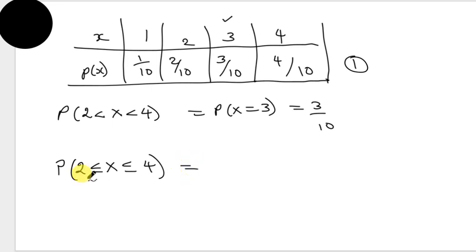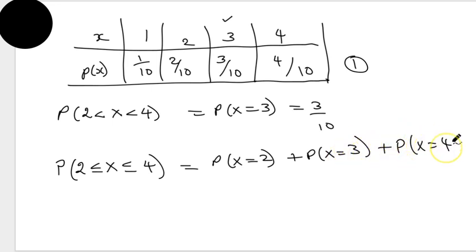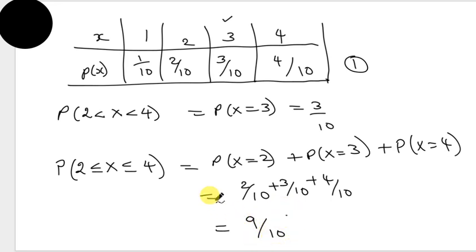In this case, 2 and 4 are also included. Hence, it is the probability of X equal to 2 plus the probability of X equal to 3 plus the probability of X equal to 4. If you add, it is 2 by 10, 3 by 10 plus 4 by 10. The value here is 9 by 10. So this is how you find out the required details for the problem.